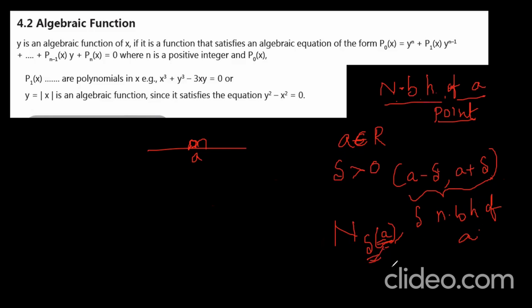So N delta A is equal to the open interval A minus delta, comma A plus delta.